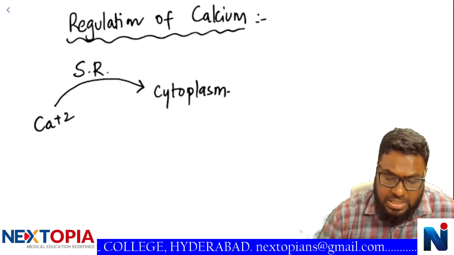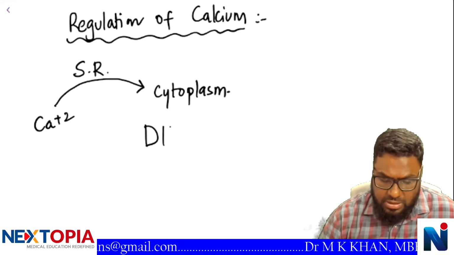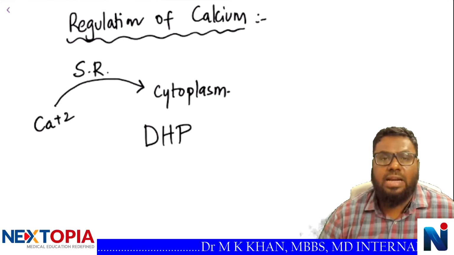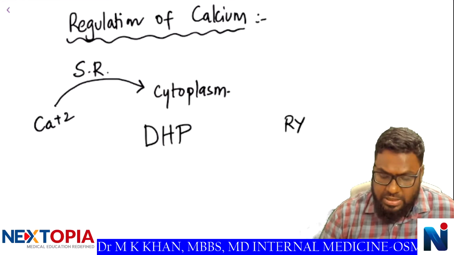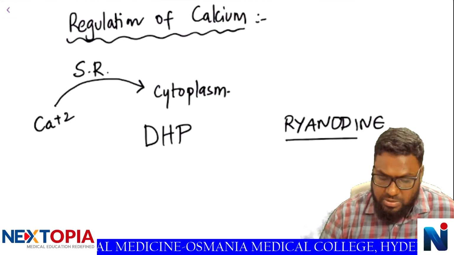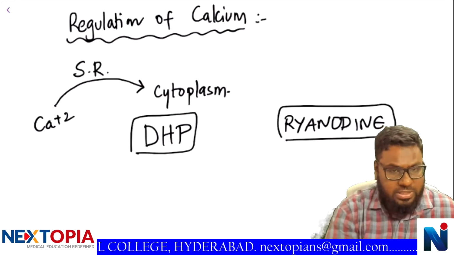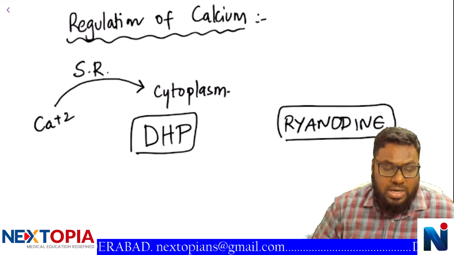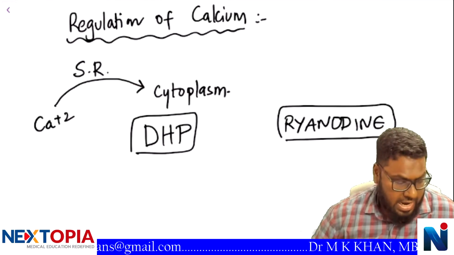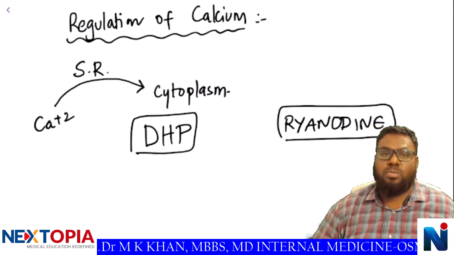And these two receptors are the dihydropyridine receptor and the ryanodine receptor. Dihydropyridine and ryanodine. These two receptors are very much important for entry of the calcium from the sarcoplasmic reticulum into the cytoplasm.